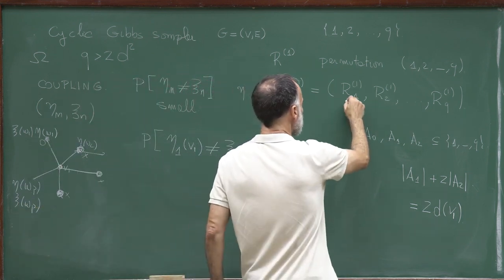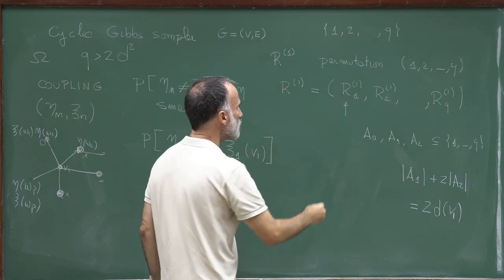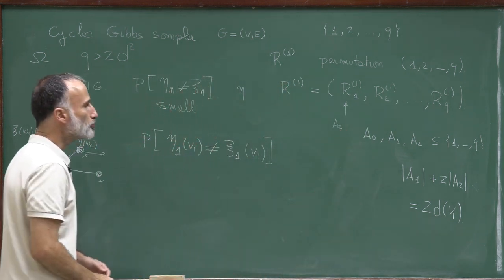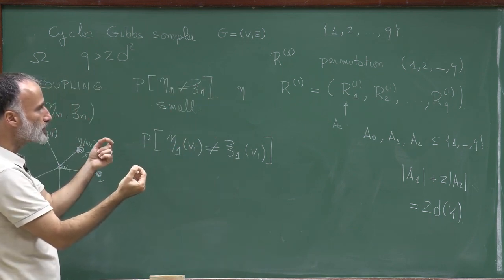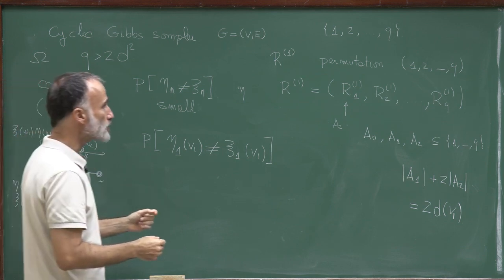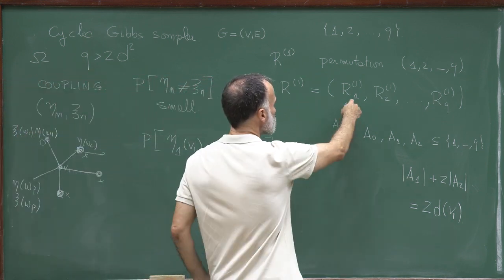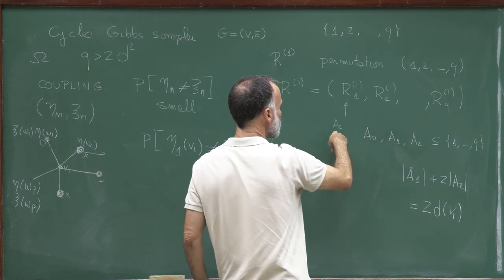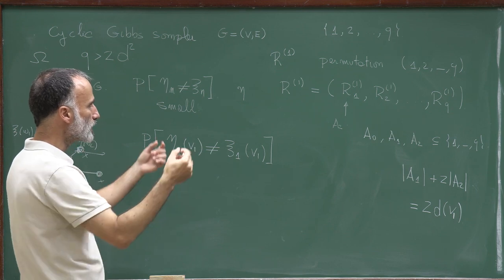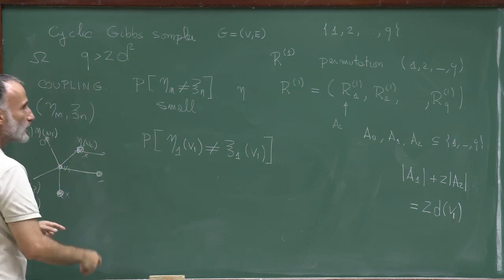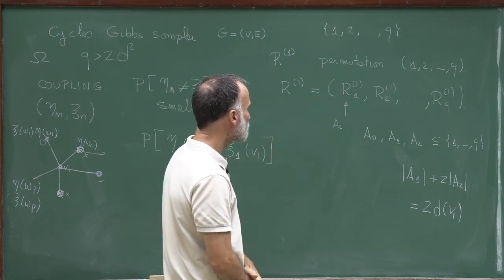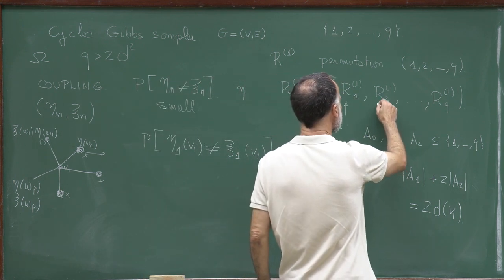If the first color is a color in the set A2, there is no problem because this color is used by both eta and psi in a neighborhood. So this color is not allowed. So if the first color belongs to the set A2, which means that both configurations, eta and psi, use this color in a neighborhood set, I cannot use this color for eta and for psi. So I have to look at the second color.